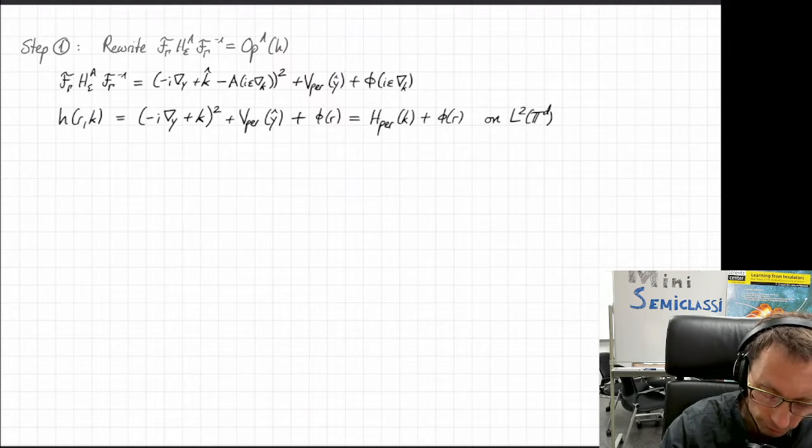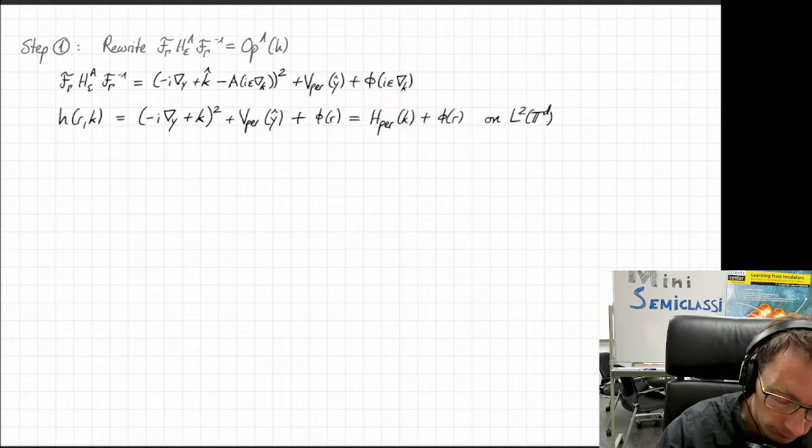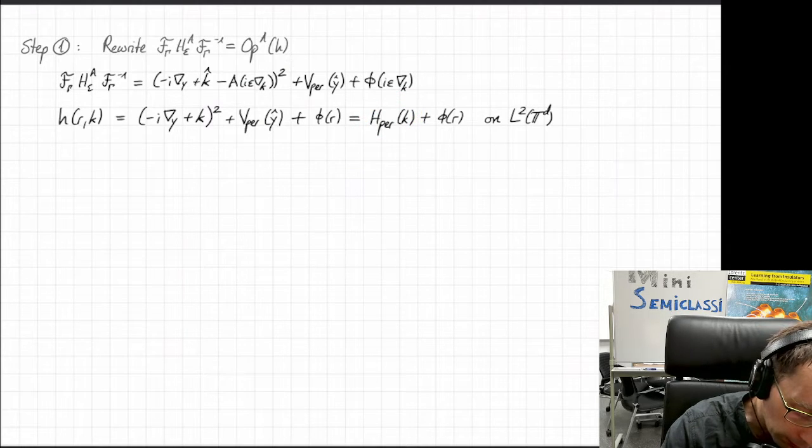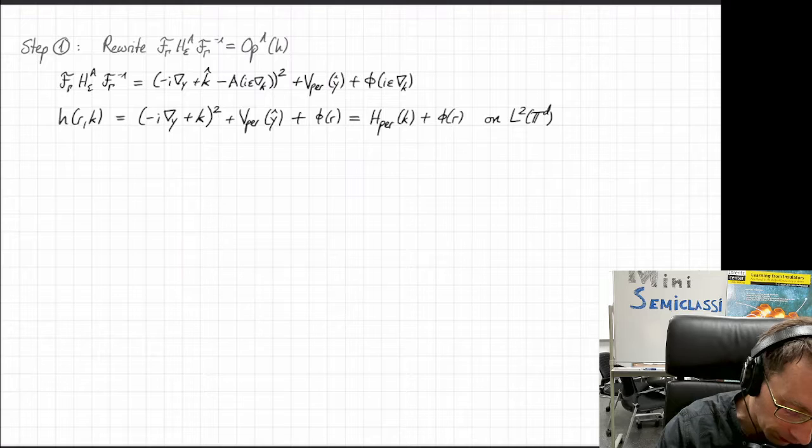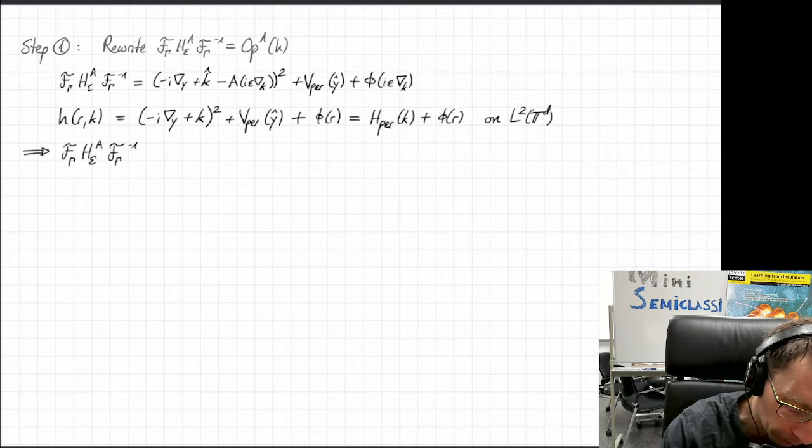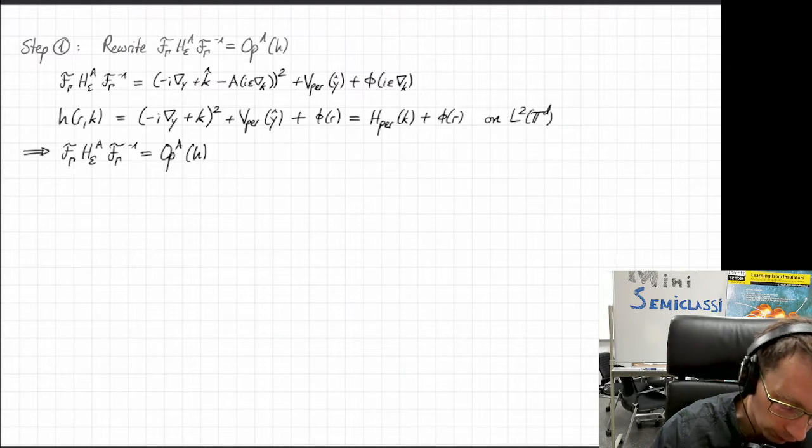So this is defined on the same space as this here. And I'm claiming that this is indeed the function for which you have the claimed equality between the Zak transformed perturbed Hamiltonian and this here.